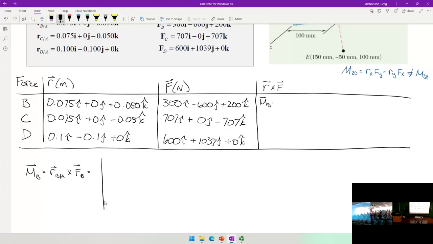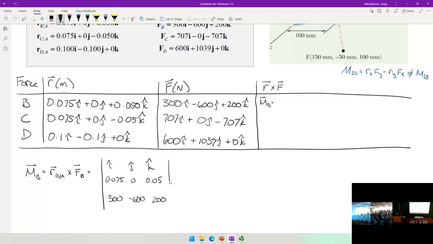So we would have ijk, we'd have 0.075, 0.05, and then we'd have 300, minus 600, 200. And I would actually have to carry that cross product out, okay?